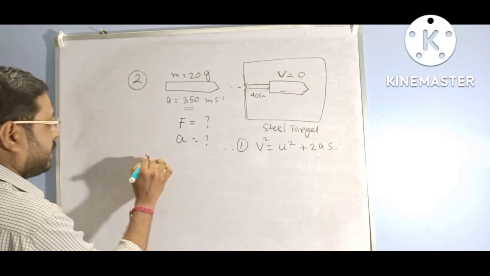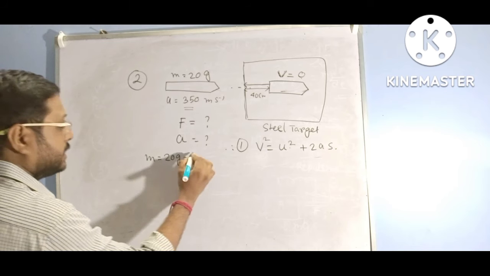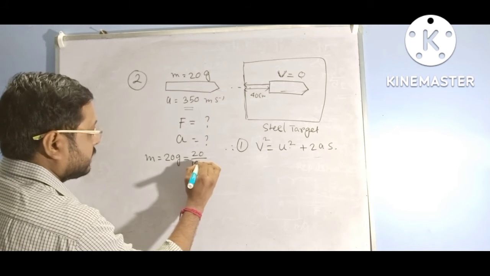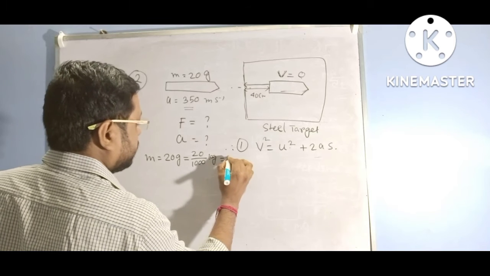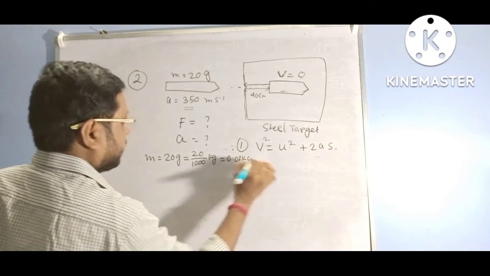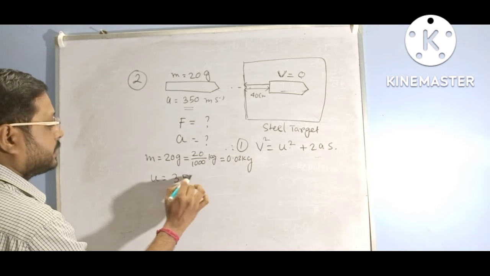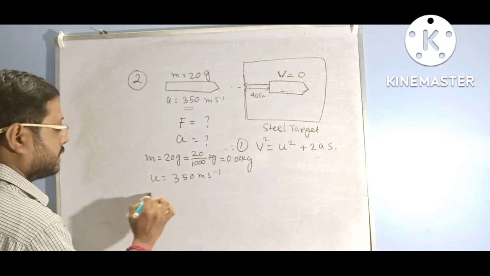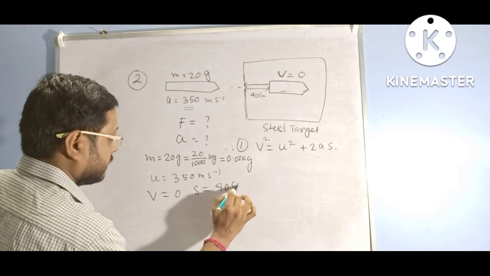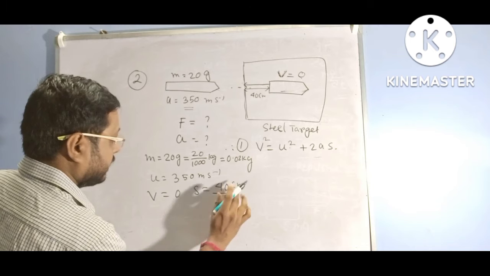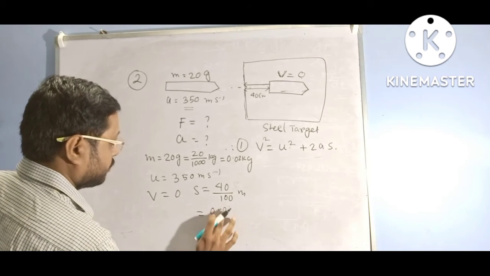Converting to SI unit, that is 20 divided by 1000 kg, that is 0.02 kg. U equal to 350 meter per second, V equal to 0, S equal to 40 cm, 40 divided by 100 meter, that is 0.4 meter.